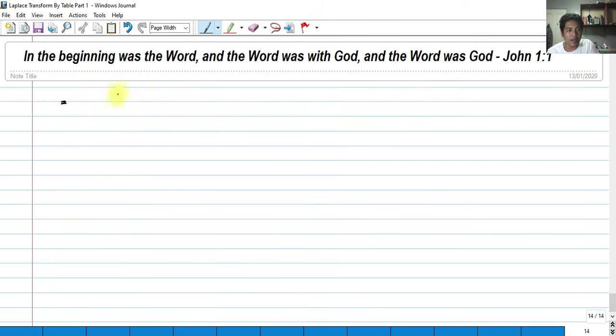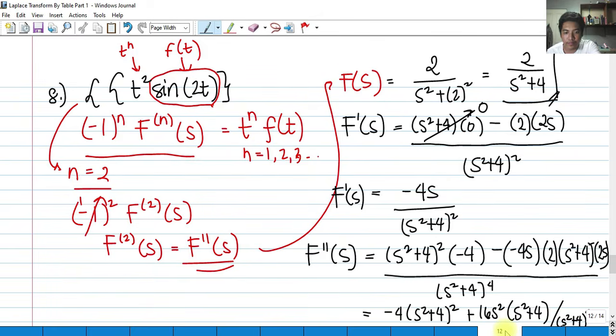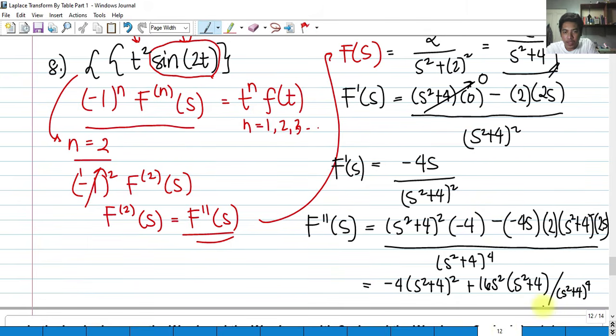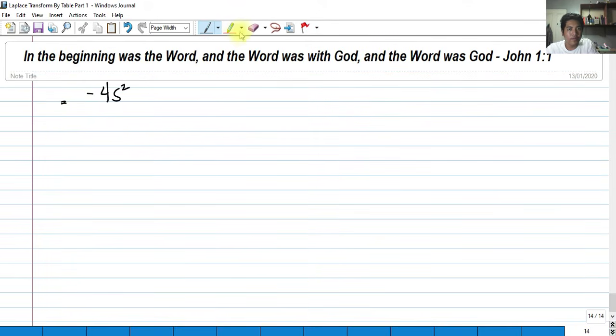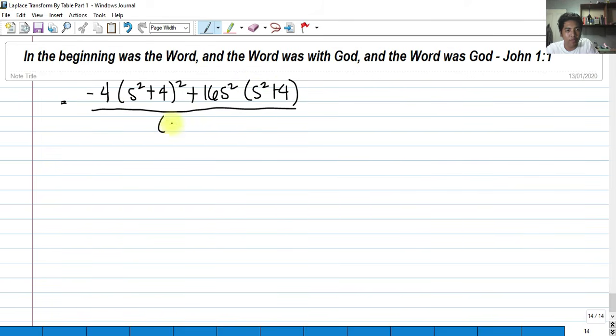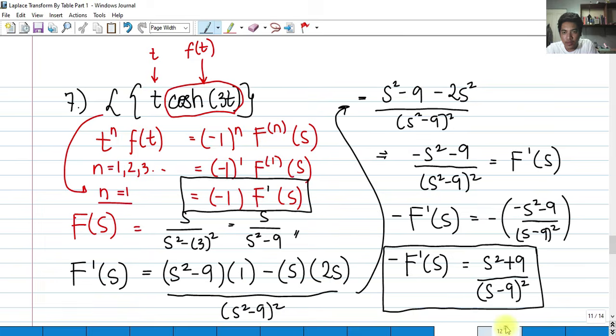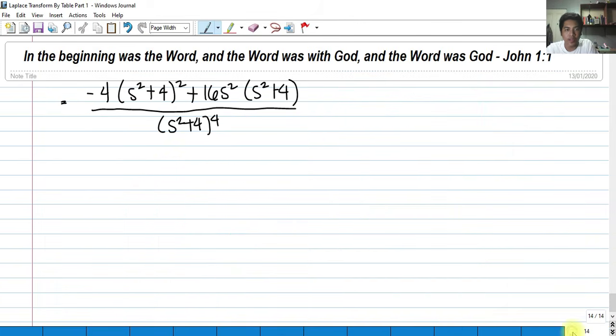Upon rewriting here, I can rewrite this as negative 4 times s squared plus 4 squared, plus 16s squared times s squared plus 4, I hope that's correct, over s squared plus 4 raised to 4. Let's see. 16s squared. Okay, that's correct.